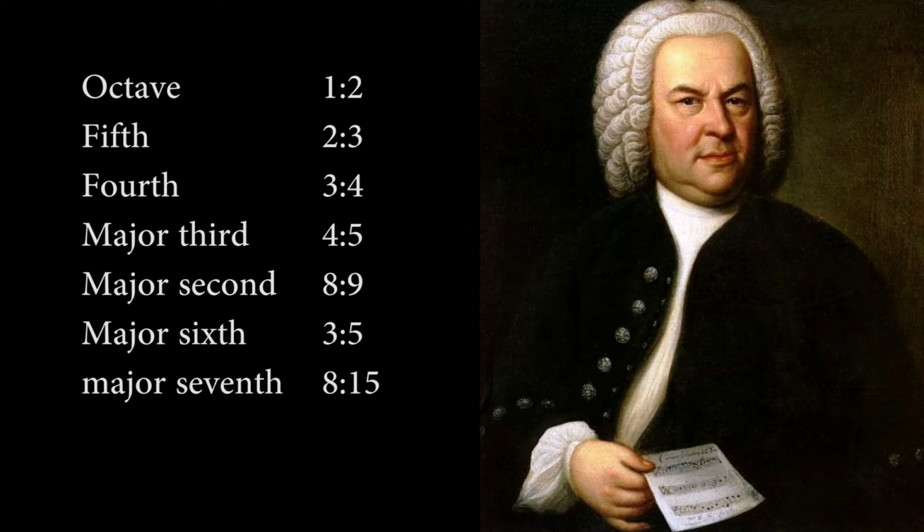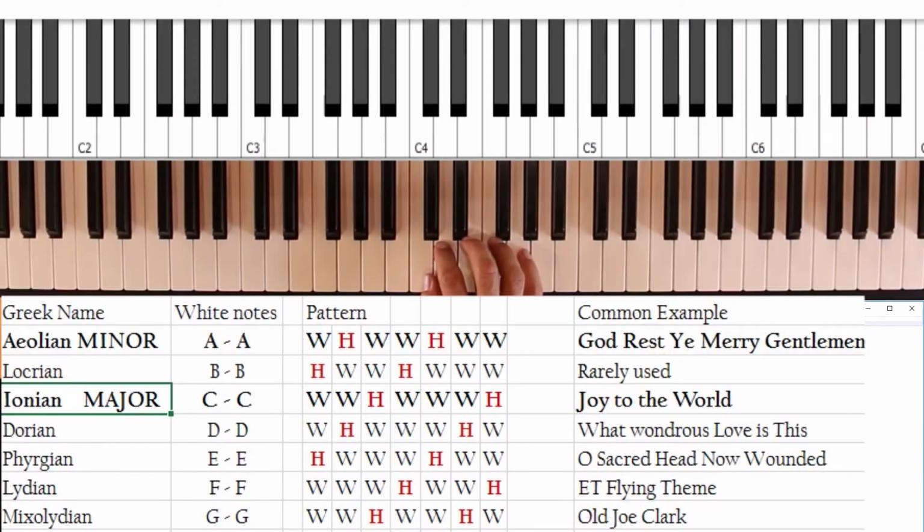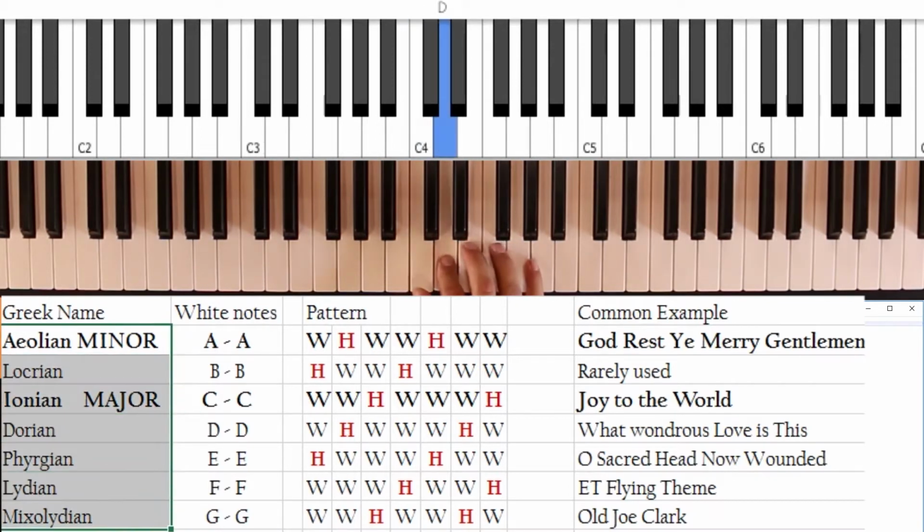Now, why was this so attractive, and why did Bach do this? Well, because Bach wanted to take those patterns that we have from the musical modes and shift them to different places on the scale. So let's take the Ionian scale that I showed you before, going from C to C. It would go, once again, with its pattern, whole step, half step, whole step, whole step, half step.